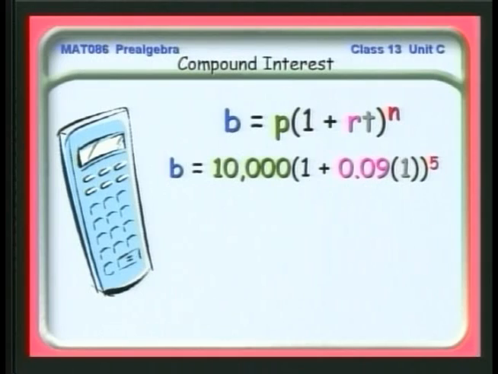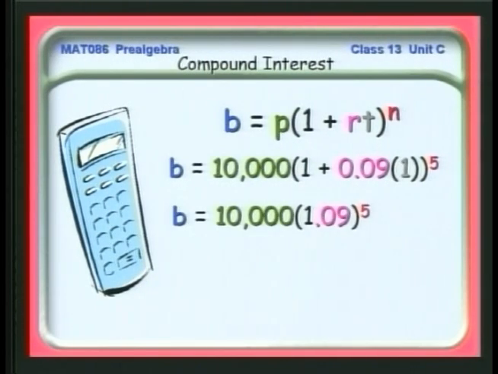We have a principal of $10,000. We have 9% interest compounded yearly at the end of each year for 5 years. You see that's to the 5th power there. Then I have 1.09, combining the 1 plus the 0.09 times 1, and I have to take that to the 5th power. I did it using this calculator that came with the Windows operating system, the one I just showed you.